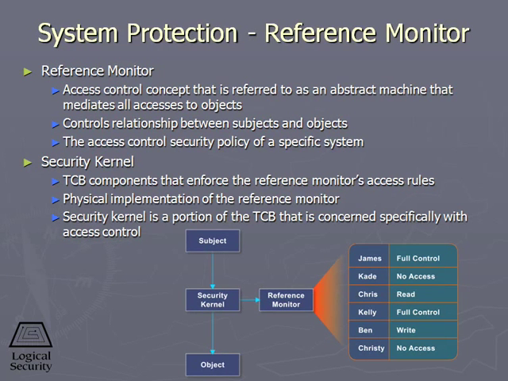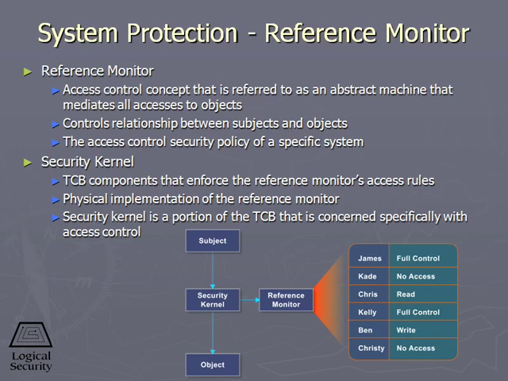Is he allowed to? And the security reference monitor then looks at the process, that's the request itself, and looks at the access token that is associated with that process, who launched this process, and so we now get an identification of the subject that is making the request. Then we compare that access token to the access control list, the ACL, that lives with the object that the subject is trying to access.